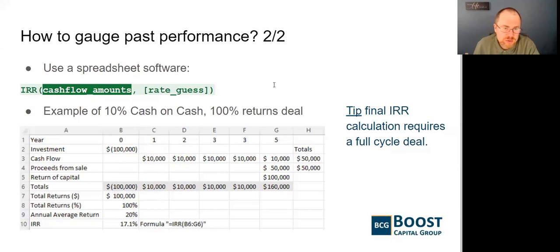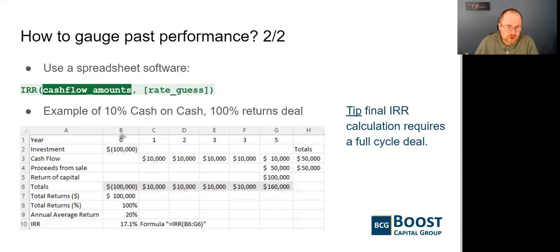This is a little screen capture that comes from Google Sheets, but I added an illustration. Very simple case: I took the example of a 10% cash on cash deal over 5 years, returning a total of 100%. In other words, double your money throughout the hold.